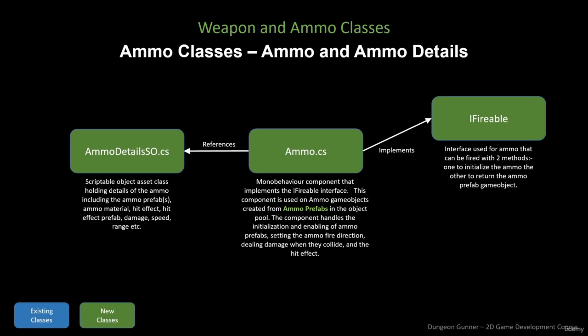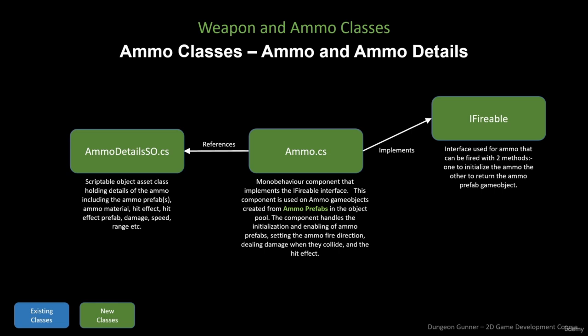And as long as they all implement the IFireable interface, then in our code, we can just make sure that we've got an object of type IFireable. And as long as we do have an object of type IFireable, then we have all the methods that we need to actually fire the ammo, namely initialize the ammo and return the ammo prefab game object.